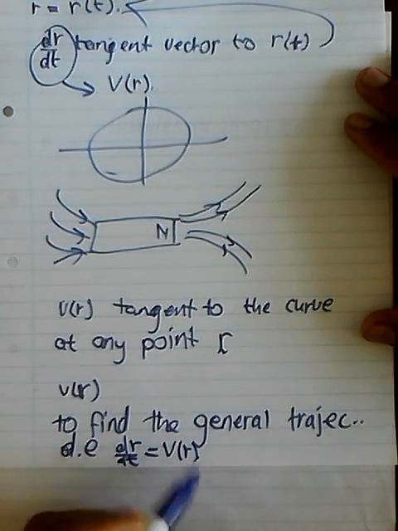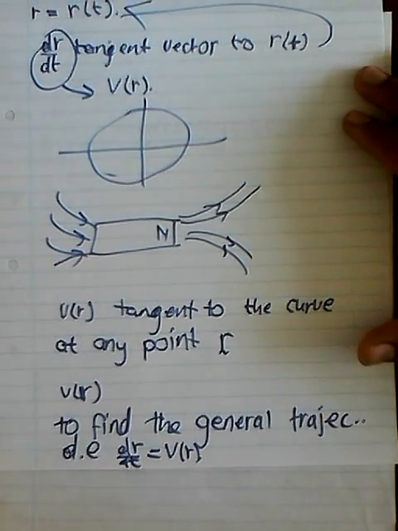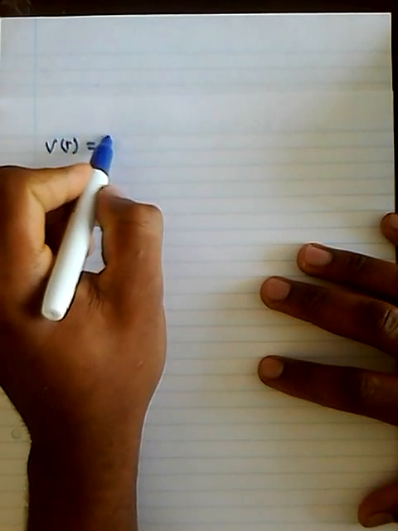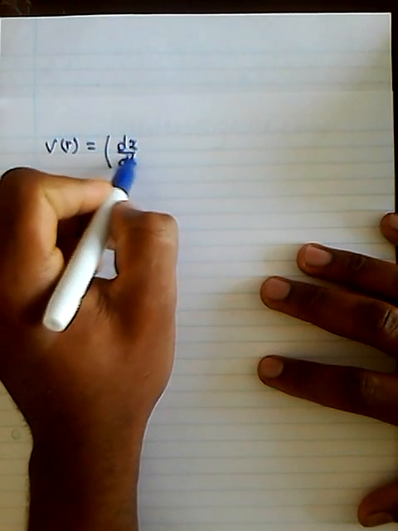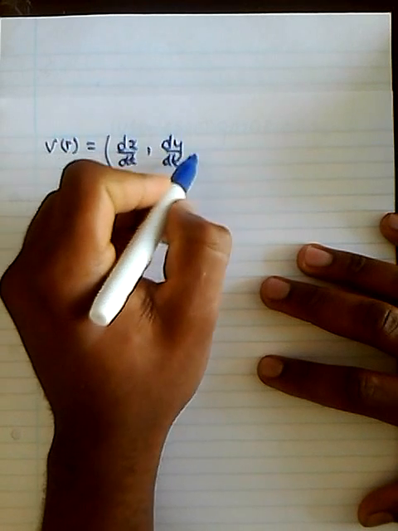We need to solve this differential equation. Now, one thing you must know is that v of r is given in terms of dx/dt and dy/dt.